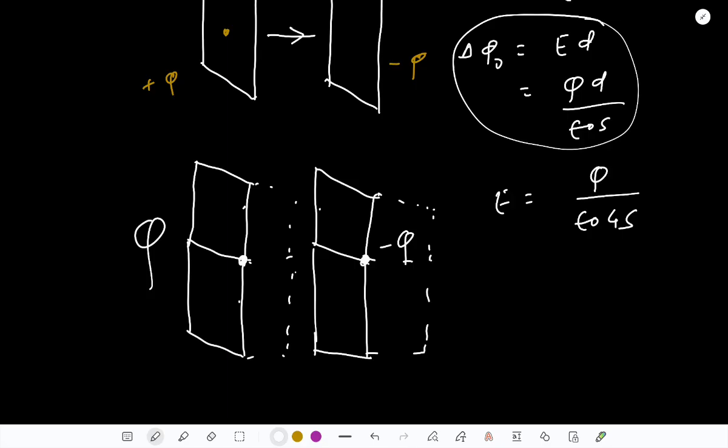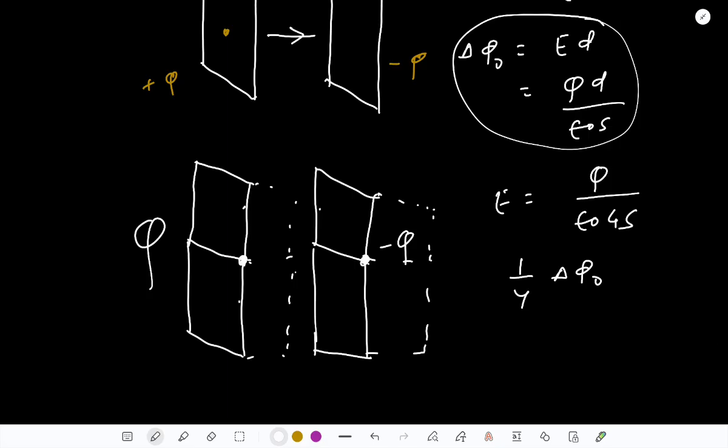And so the potential difference between the plates at the center of this large capacitor becomes 1 by 4 that of delta phi naught, already calculated.